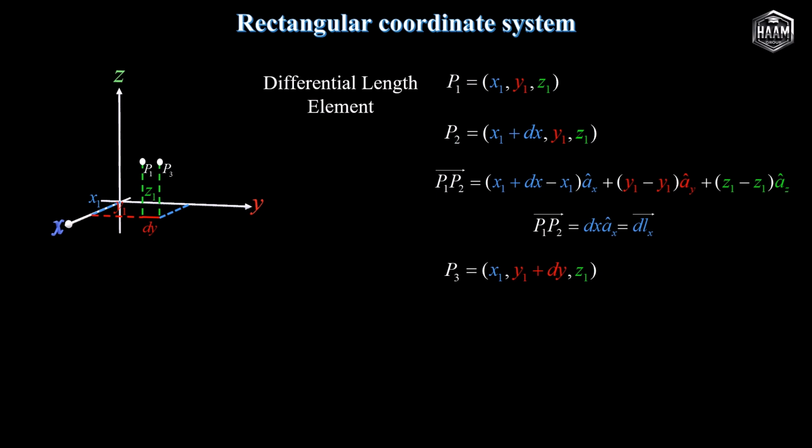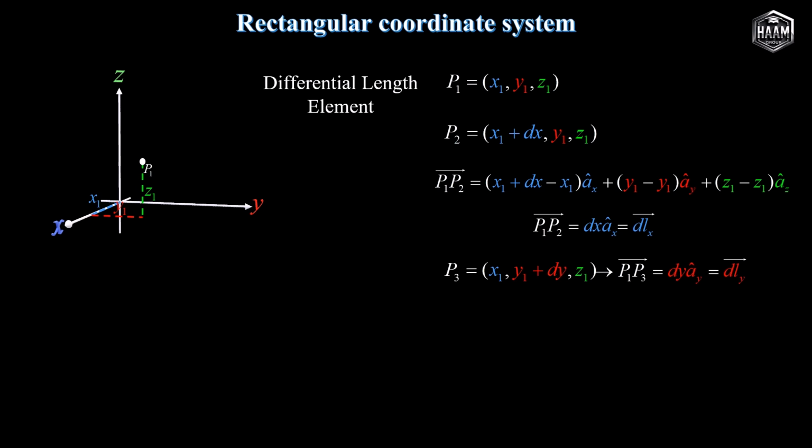Now, if we form the vector from origin point P1 to destination point P3, the coordinates of the endpoint minus those of the starting point give us dy times a hat sub y, that is dl sub y.